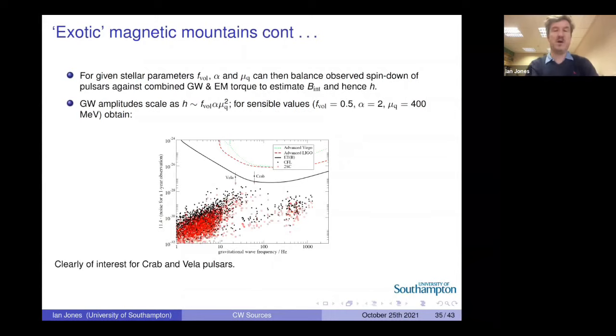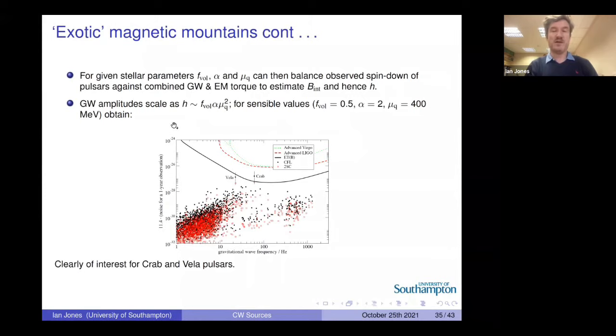If you look at this plot on the next slide, what is it? It's a graph of gravitational wave frequency versus gravitational wave amplitude. There are some noise curves on this. The advanced LIGO one is the red dotted curve. The third generation ET is the black curve.